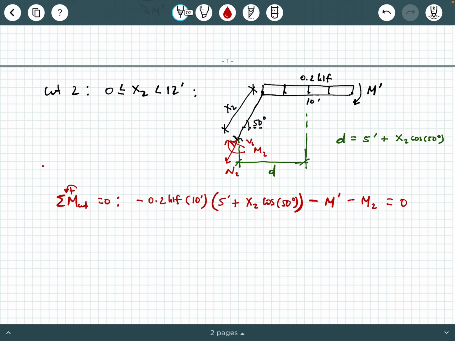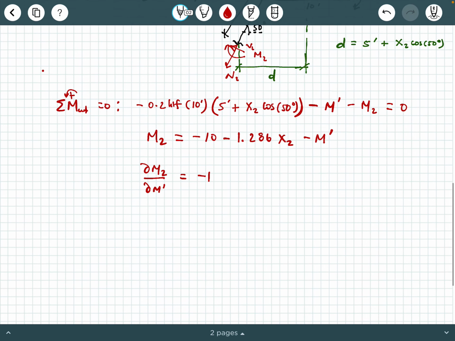We're going to do some rearranging, and we're going to get M2 equals -10 minus 1.286 x2 minus M prime. I just did some algebra rearranging there. And I'm going to get dM2/dM' to be -1. All right.